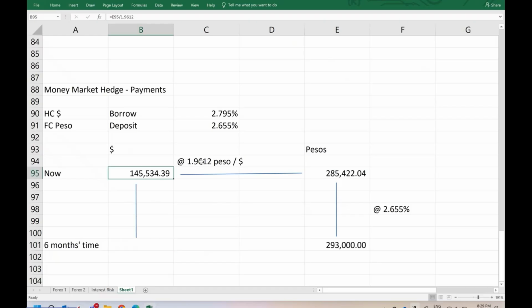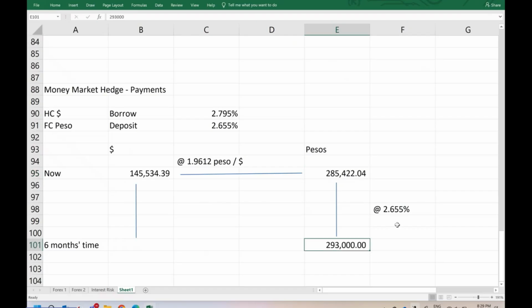Once again, you will borrow this much money today in dollars. Using this rate, you will exchange into pesos today and deposit at this rate for 6 months into a peso deposit bank account. After 6 months, it will be exactly equal to 293,000.